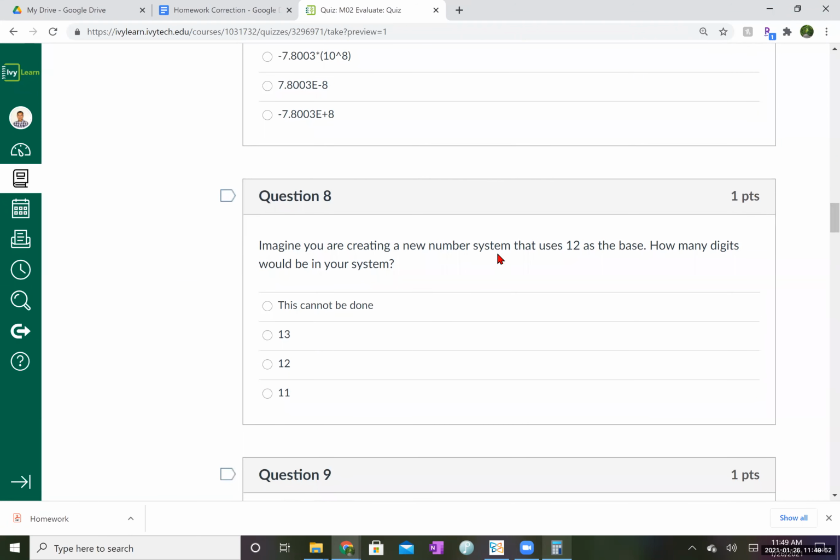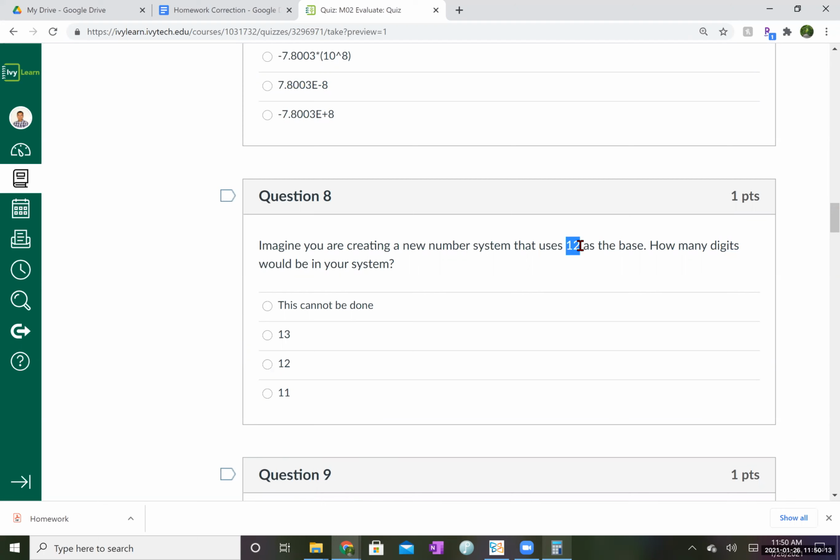What do you think? If you use the base 12, how many digits? Is it 12? Yes, right.